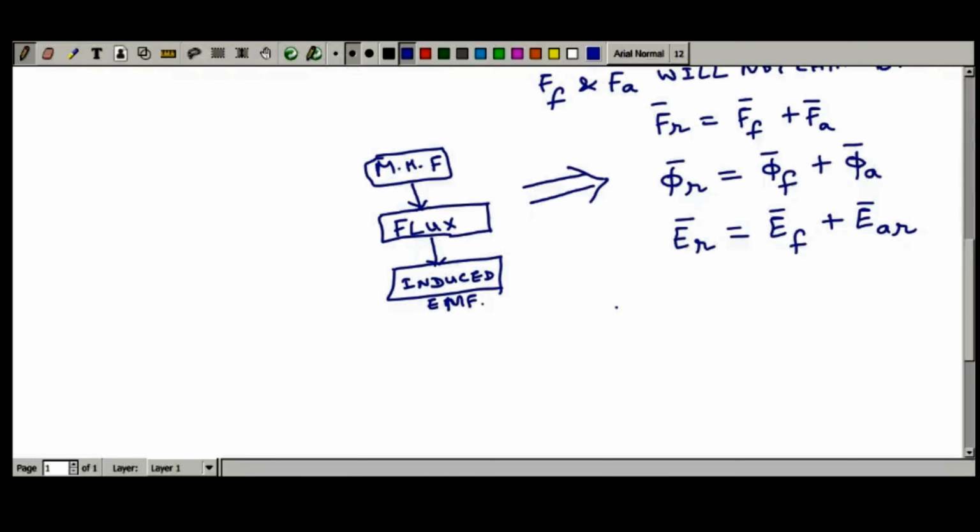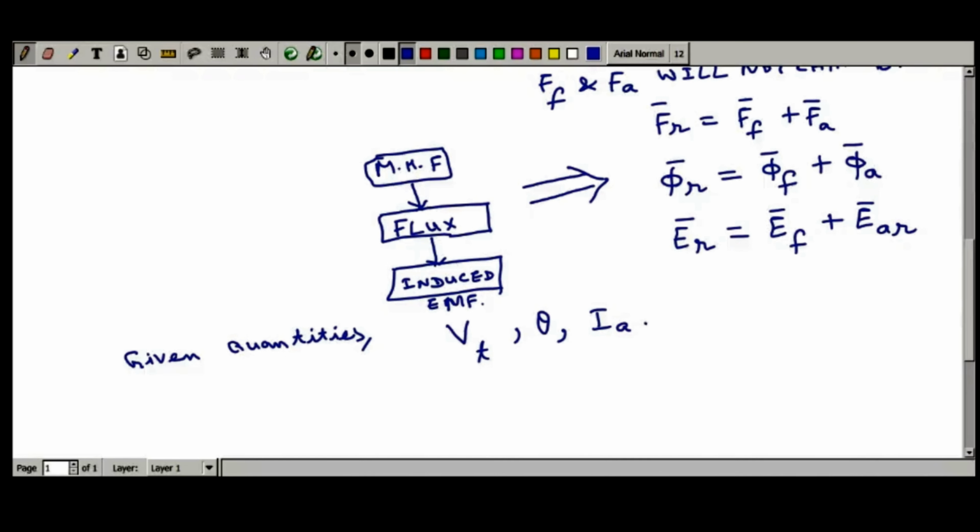Okay. Now what will be given to you for drawing the phasor diagram? What are the given quantities? Let me write it. Given quantities. First is the per phase terminal voltage, load power factor angle theta, armature current IA.